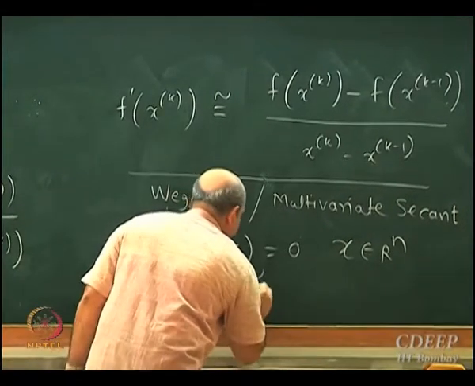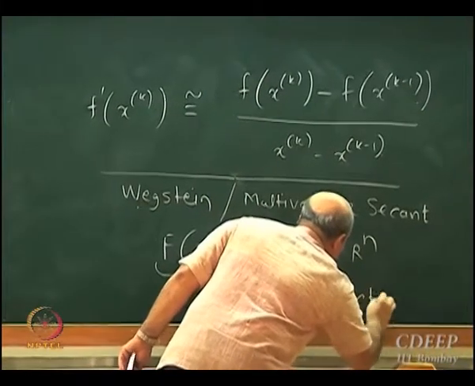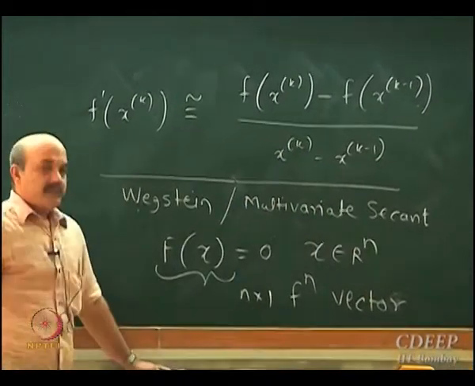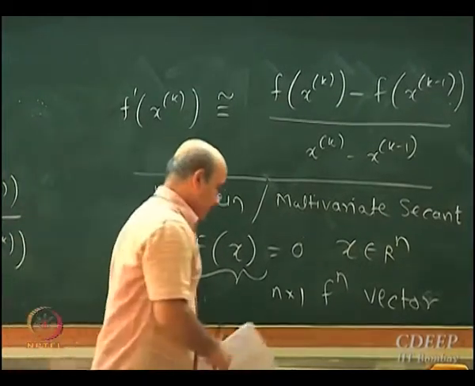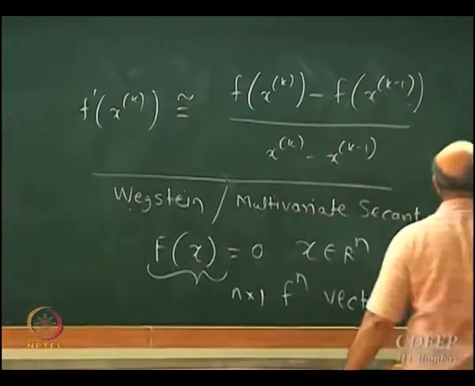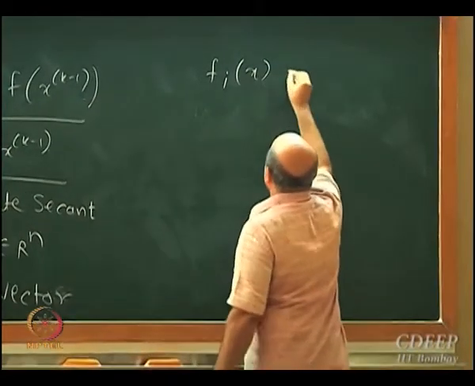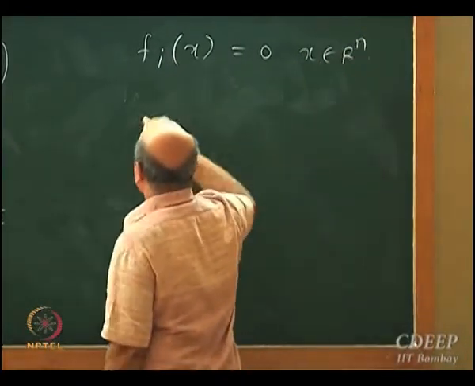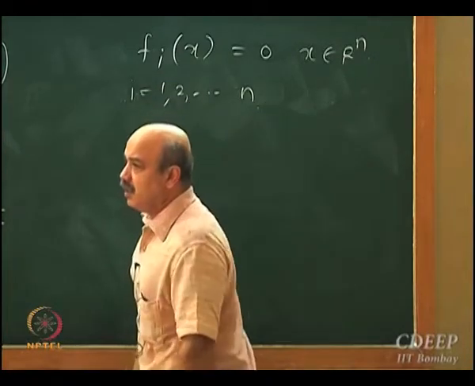So we essentially have fi of x equal to 0, x belongs to Rn, i going from 1 to n.